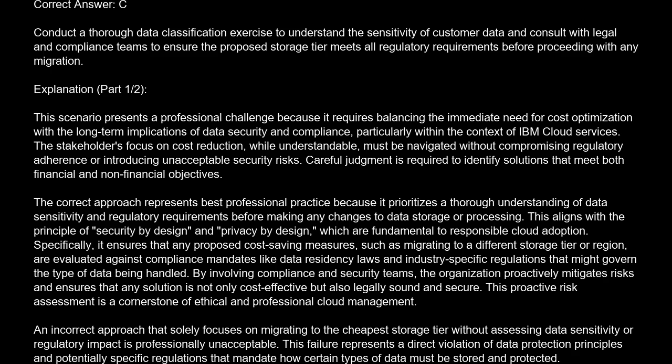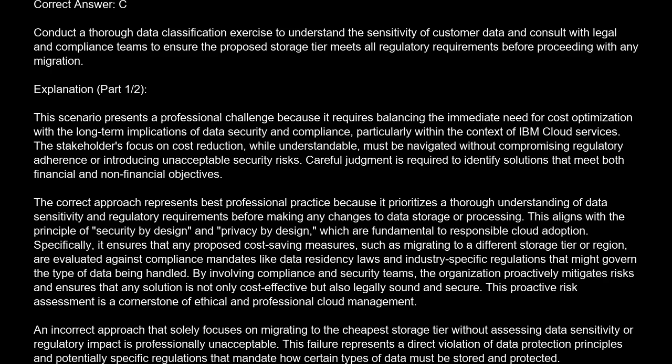The stakeholders' focus on cost reduction, while understandable, must be navigated without compromising regulatory adherence or introducing unacceptable security risks. Careful judgment is required to identify solutions that meet both financial and non-financial objectives.